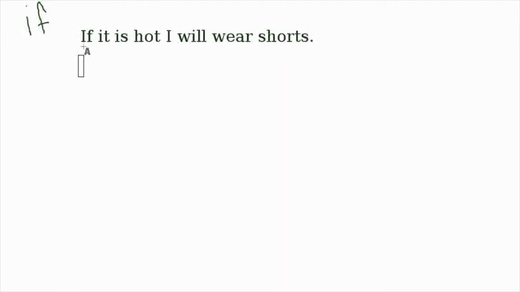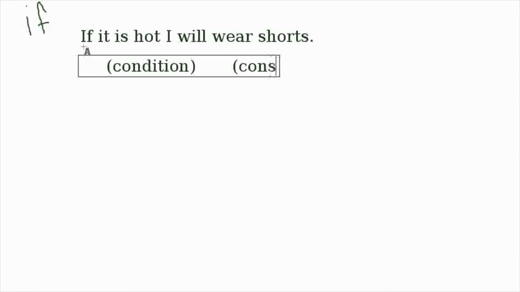Okay, so if it's hot, I will wear shorts. So the part that is the if it's hot, that's the condition, the part that's after the if. Okay, if the condition is met, then you have the, let's call it the consequence.